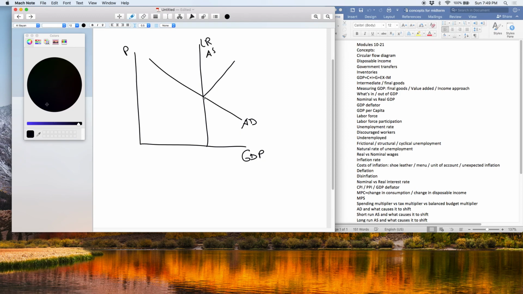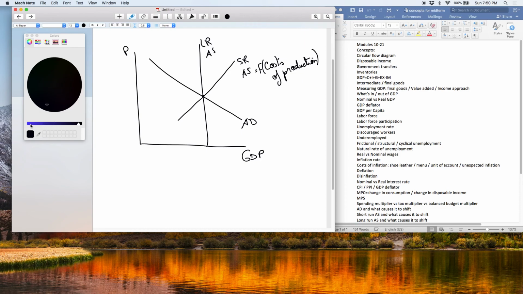Keynes points out that there is a short run aggregate supply curve, okay, which is a function of costs of production, okay, which we're familiar with from the micro framework, okay? So anything that causes the cost of production to go up is going to shift you to the left. Anything that causes the cost of production to go down is going to shift you to the right, okay?